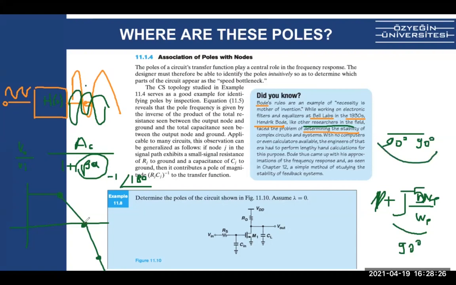At the second pole, if the gain is 1 or below 1, basically your circuit becomes unstable. So you don't want this gain point to be 0 dB at this point because your phase is 180, which means -1. And if your gain is 1, which is 0 dB, then your circuit will be unstable.